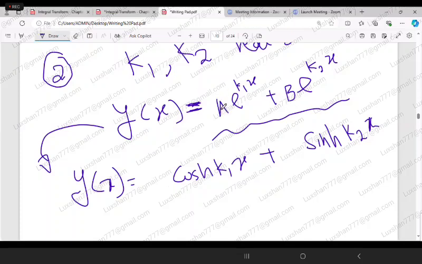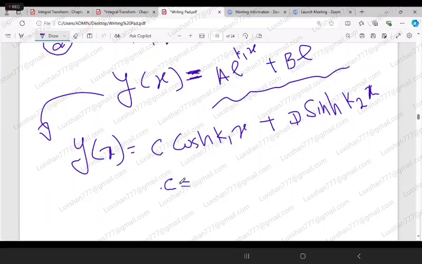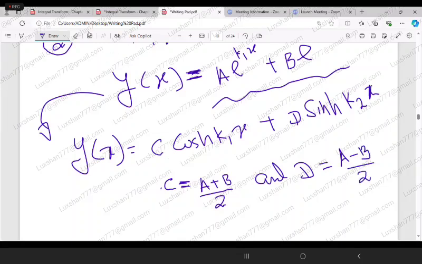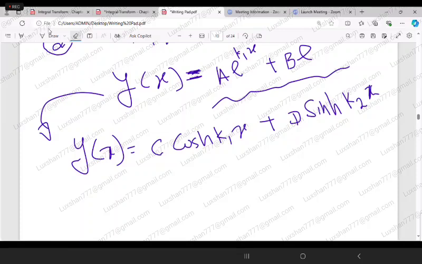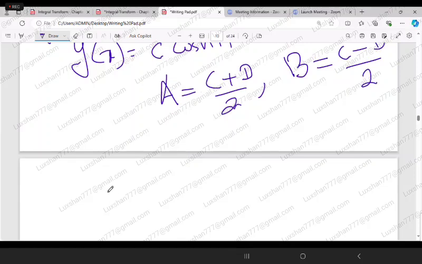Let me put A, then another constants C and D. If you take A equal C plus D by 2, comma B equal C minus D by 2, you can write it in this way.